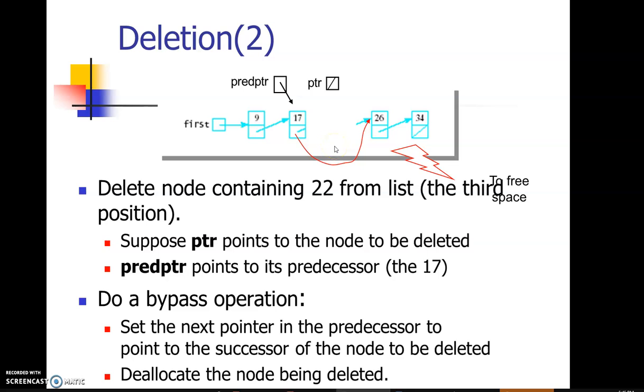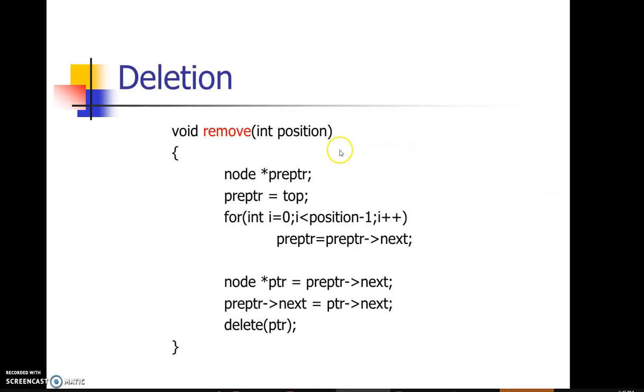And let's take a look at this. Here is the code for it. As I mentioned, when we do the delete operation, we require only one parameter, which is where we want to do the deletion. We create a pre-PTR equal to the beginning of the location. Since we don't want to move the top at all, we use pre-PTR to move for us.